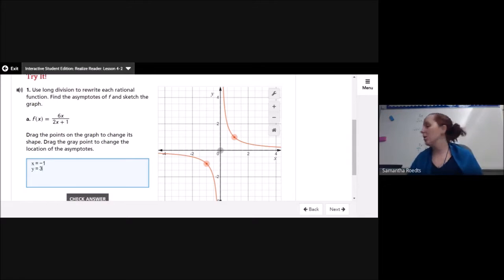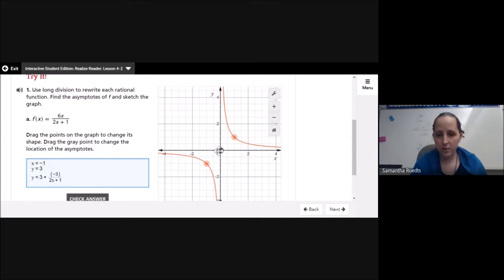So if my equation is y equals 3 plus negative 3 over 2x plus 1, I can pick values for x. So let's go with 1. 2 times 1 is 2 plus 1 is 3, negative 3.